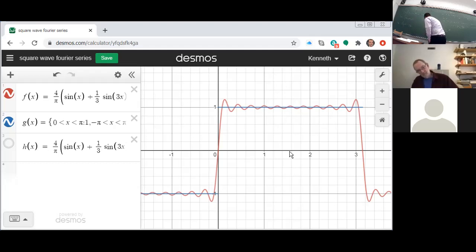If f is an L2 function, so square integrable, meaning the square of f is integrable and finite on negative L to L, then under this weak hypothesis, that's all you need.